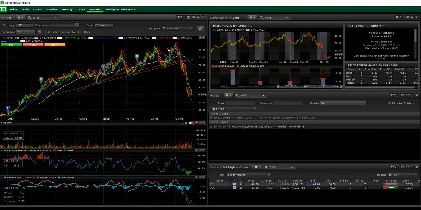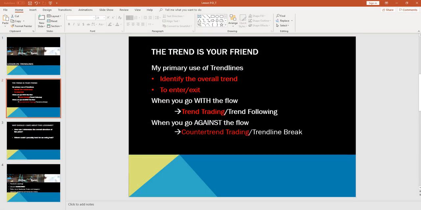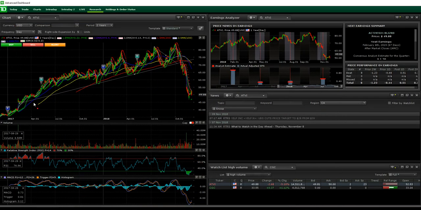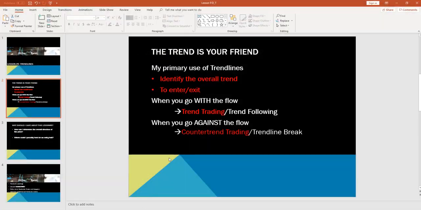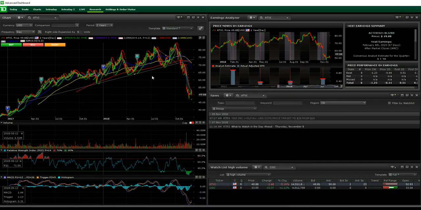So that's one example where you can apply the first strategy, trend trading, where you go with the flow, and then the counter trend trading, which is the one we just placed. That's essentially the overall gist of using these trend lines.